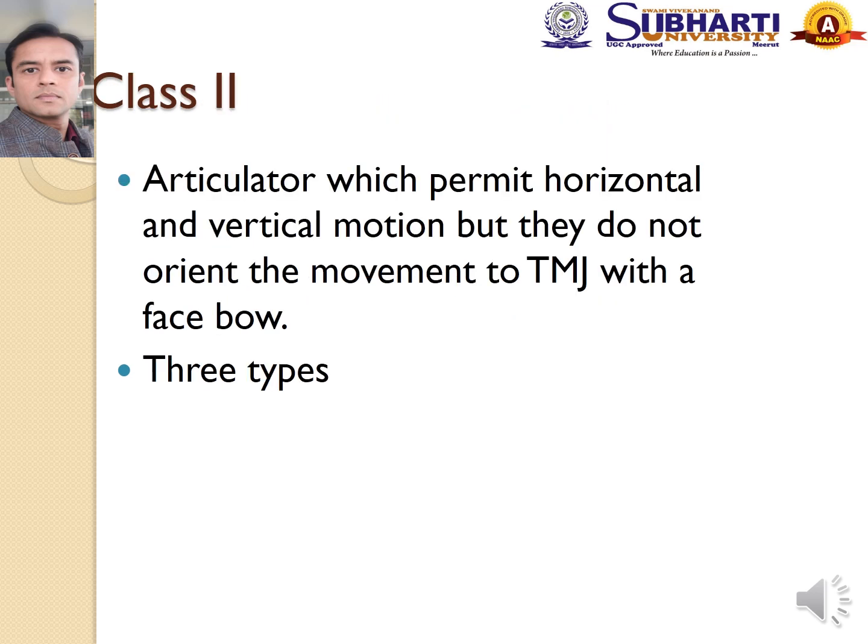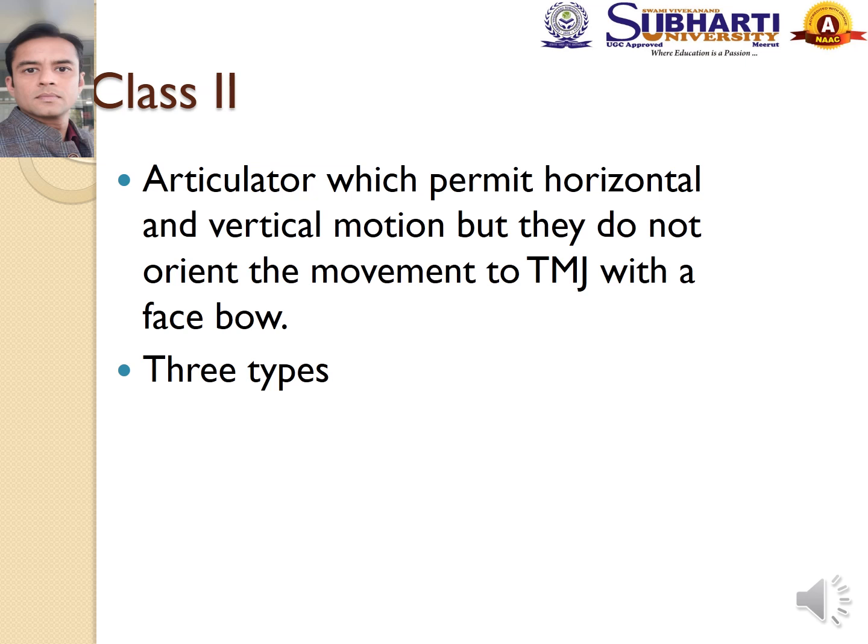Now class 2, articulators which permit horizontal and vertical motion, but they do not orient the movement of TMJ with the face bow. These are the articulators which we are basically using, that is mean value or 3-point articulator. We will go into detail. These articulators show a vertical component as well as a slight horizontal component. As I said previously, the TMJ is capable of having x, y and z axis movements.